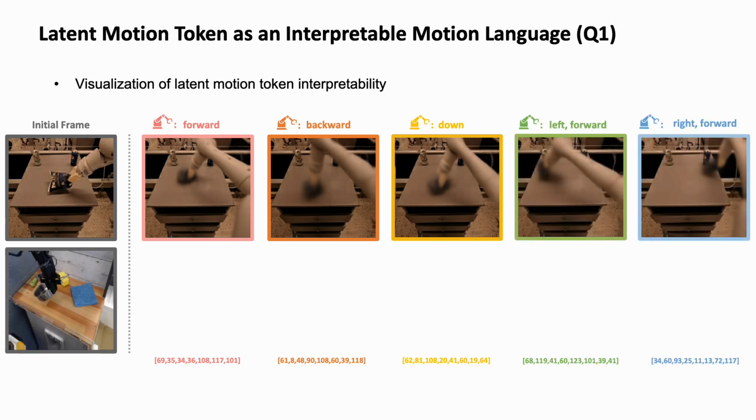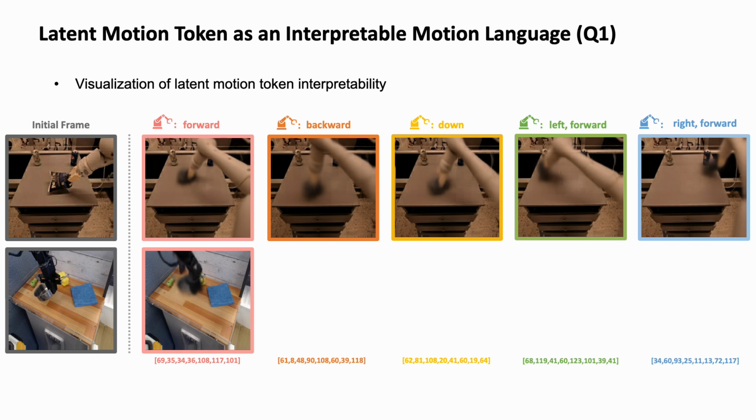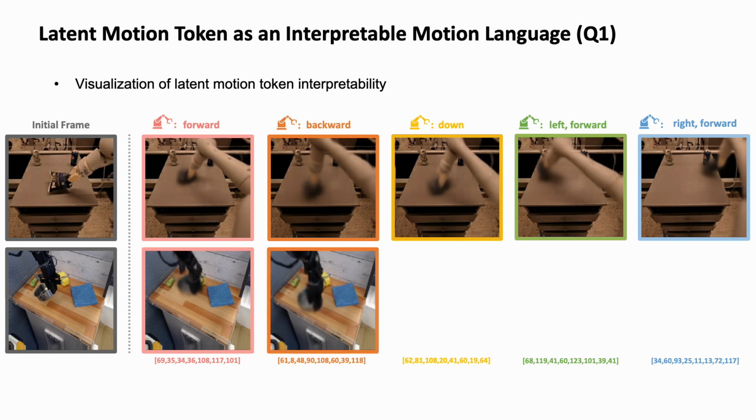Additionally, if we apply the same latent motion tokens to different initial frames, we can obtain motions that are semantically consistent in the visual space. For example, the video frames in the same column both show robot arms moving forward at a similar scale. The same applies to other columns.